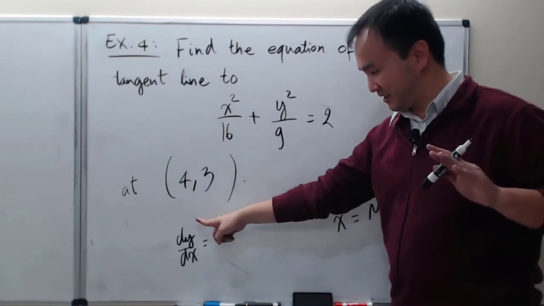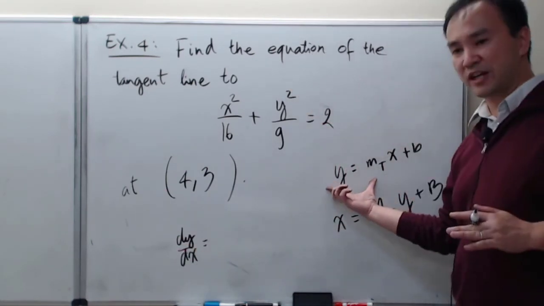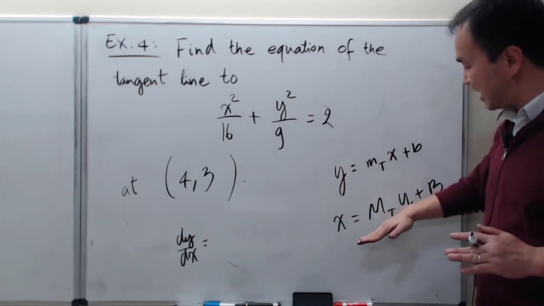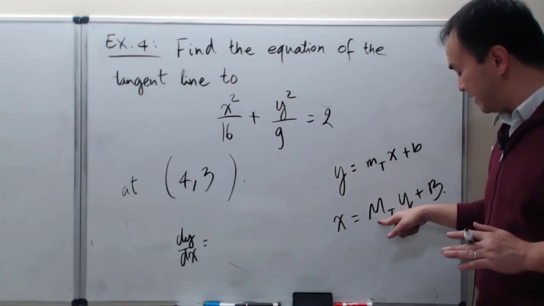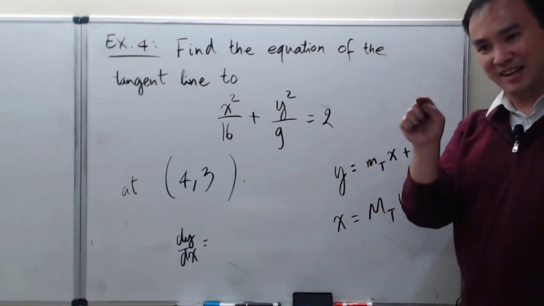You are correct, but you find whichever matches the form of your equation. If you decide to go with x equals m_T y plus b, then you start out by finding dx/dy.